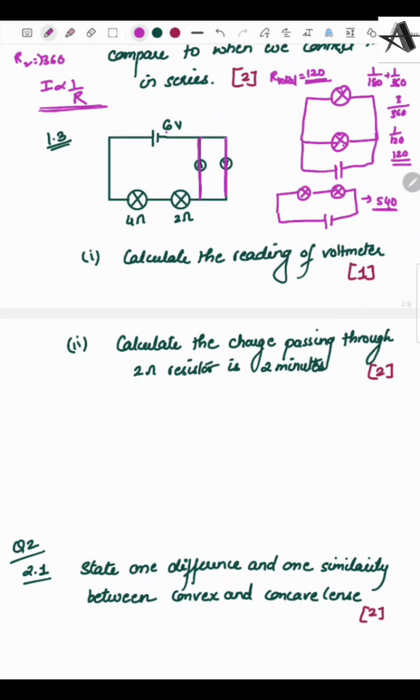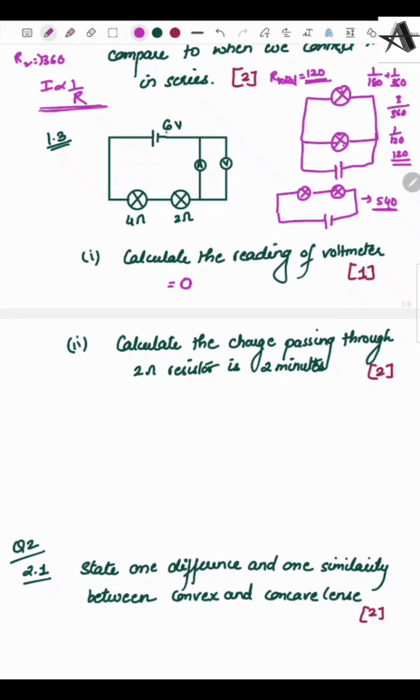So the complete current will pass through this one itself. So rather than passing through this one, it will complete the circuit like this. So no current will flow here, and if there is no current, that means there will be no voltage. So the reading of the voltmeter here is going to be 0. No potential difference there, no current there, it's 0.